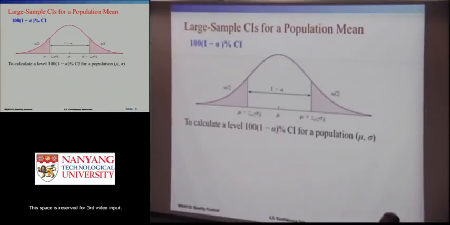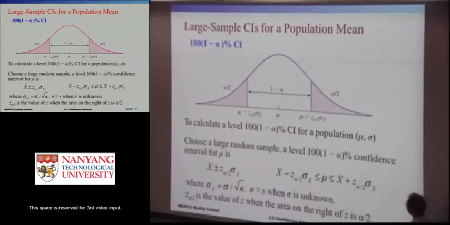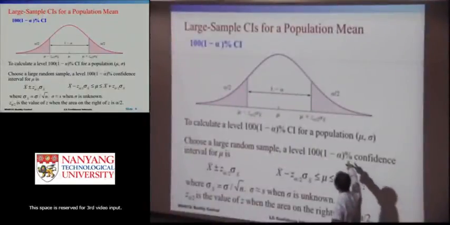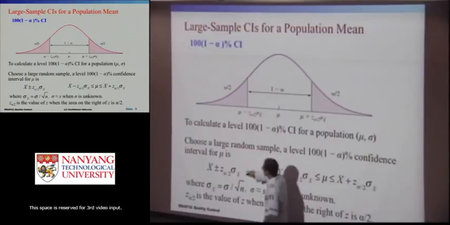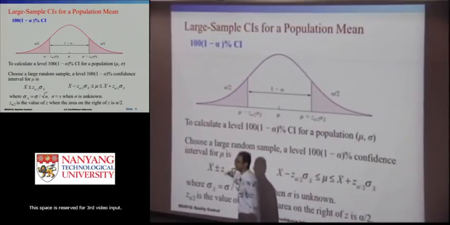Do you know why we need to do tutorial question 5 in lecture 2, in tutorial 2? It's just to let you practice this again and again. If you didn't get that question, it will be very difficult to understand this one. Then basically, for any value 1 minus alpha, we need to get the value of z alpha over 2.